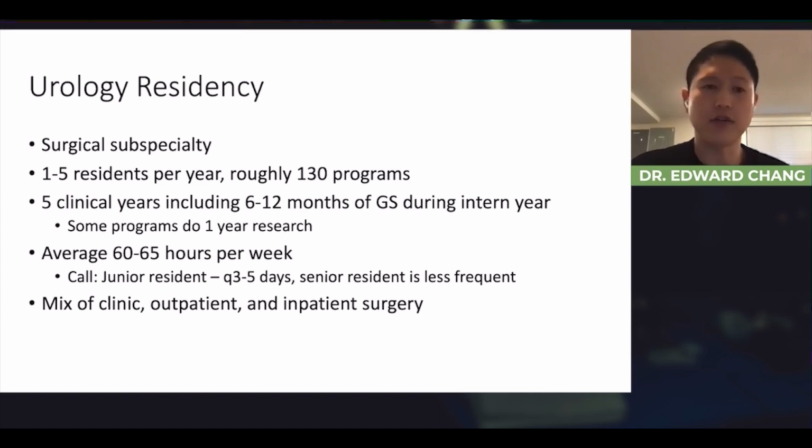So theoretically, you could work all night and then work the next day, another full day. And so that's a danger of doing home call. But typically, programs will do this because the number of nights where you're up all night are pretty limited. And I would say for me, I'm probably up all night maybe 3 or 4 times a year. And so it's definitely not as common, but there is a risk of that happening.